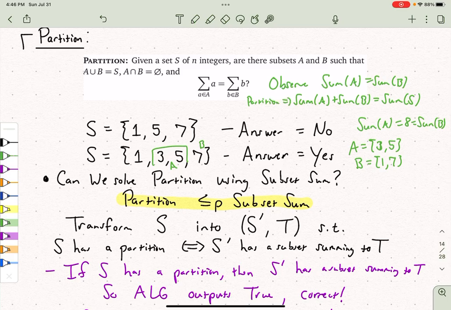And when I say partition here, I mean it's a partition of the sets, not to be confused with the partition problem. So because of these two properties, these both together imply the sum of A equals the sum of S over 2.